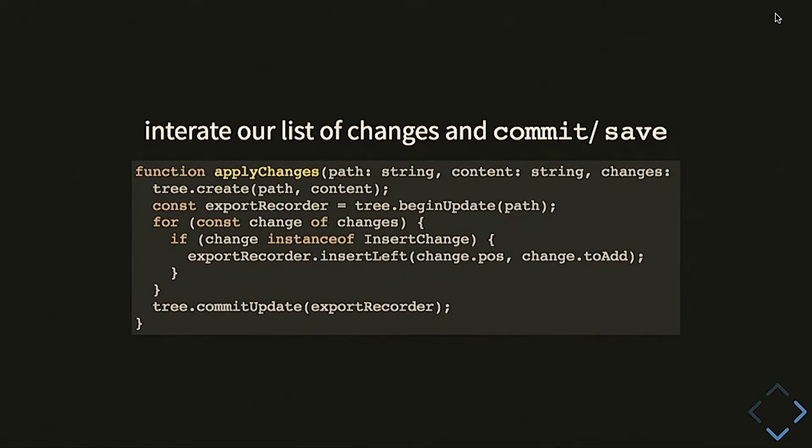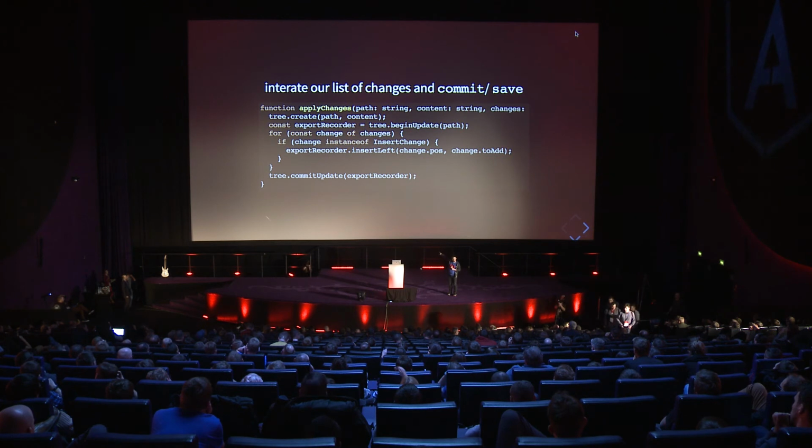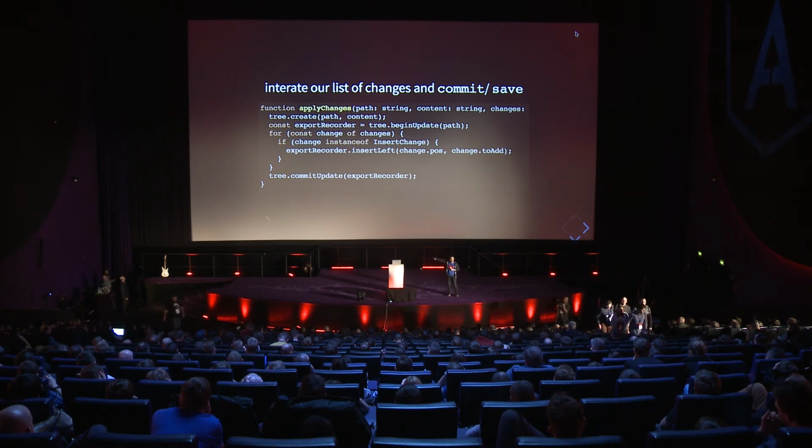So apply changes is nothing more than a changes list for each loop that says, let's talk to something called a recorder. So a recorder is the one taking X number of changes and saying, thank you for this insert, thank you for this update, thank you for this delete, and it ends with a commit update on the tree. So the tree says, I take a recorder as an argument, and I assume that the recorder has recorded X number of changes inside of it, right, for it to actually do something.